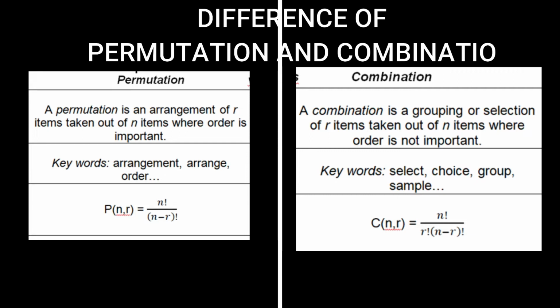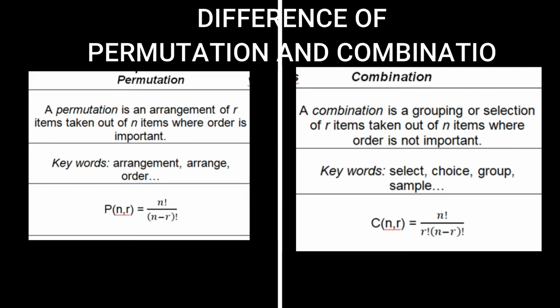Okay, so tingnan natin mabuti ang difference ng formula nila. So sa combination, mayroong multiplier yung quantity n minus r quantity factorial. So yun ang difference nila. Ulitin ko, ang permutation ay may order, ang combination without order.